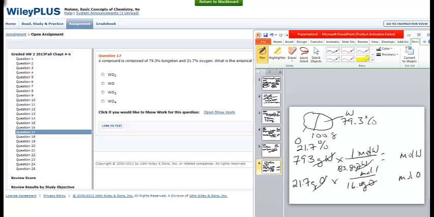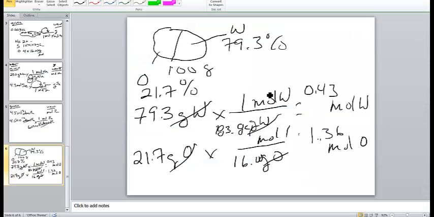And what that turns out to be then is 0.43, and this one over here turns out to be 1.36. Okay, I'm going to expand this so we can make this a little bit bigger.